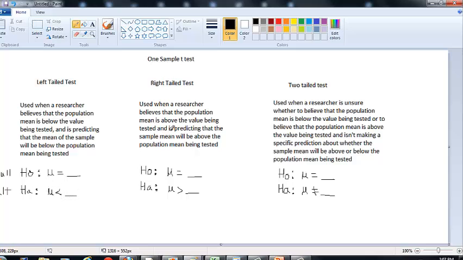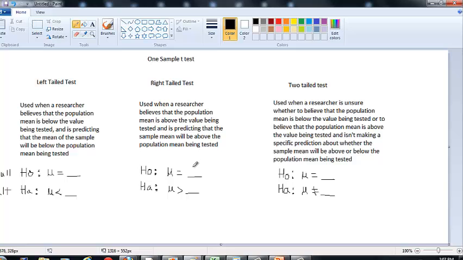In a right-tailed test, the researcher is still trying to reject the possibility that the mean simply equals the value being tested, which would go in this blank right here. But the alternative hypothesis, which is what the researcher is hoping to support or show evidence for, is the possibility that the mean is above the value being tested, because the researcher believes that the population mean is above the value being tested, and is trying to support their belief.